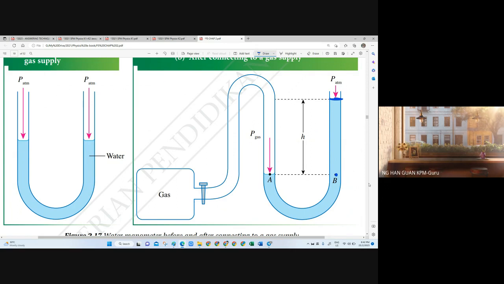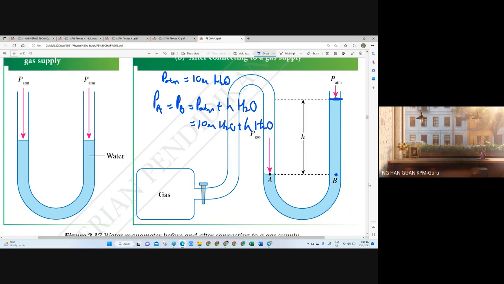Remember, ATM itself is equal to 10 meter water, 10 meter H2O. So plus this height in meters, the pressure A equals pressure B equals ATM plus the height of water, so it becomes 10 meter H2O plus h meter H2O, depending on how much the height is.